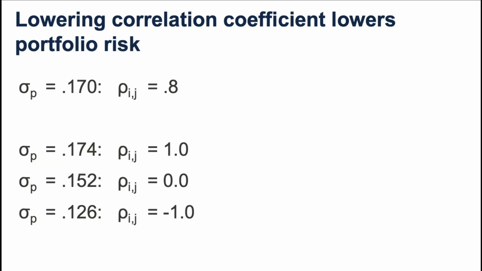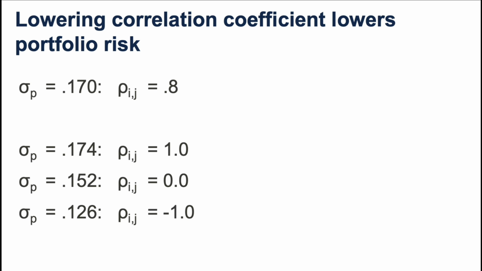One other point. Let's just look at the correlation coefficient. Again, you cannot change that. That's a number that is known, or maybe not known, but you don't change that. But this illustration just shows what happens to the portfolio standard deviation as you change the correlation coefficient.